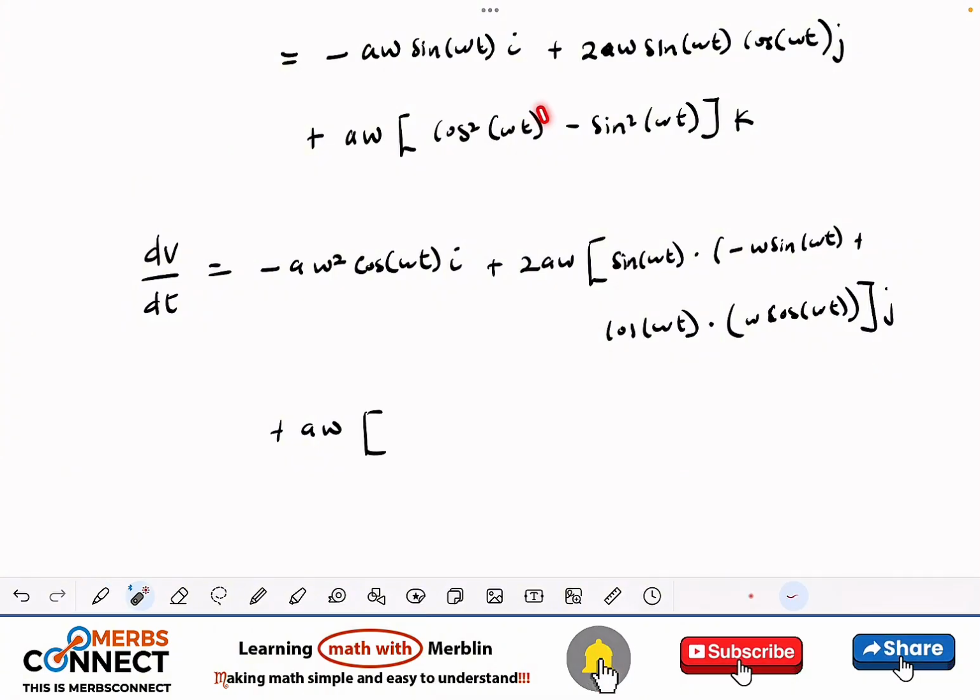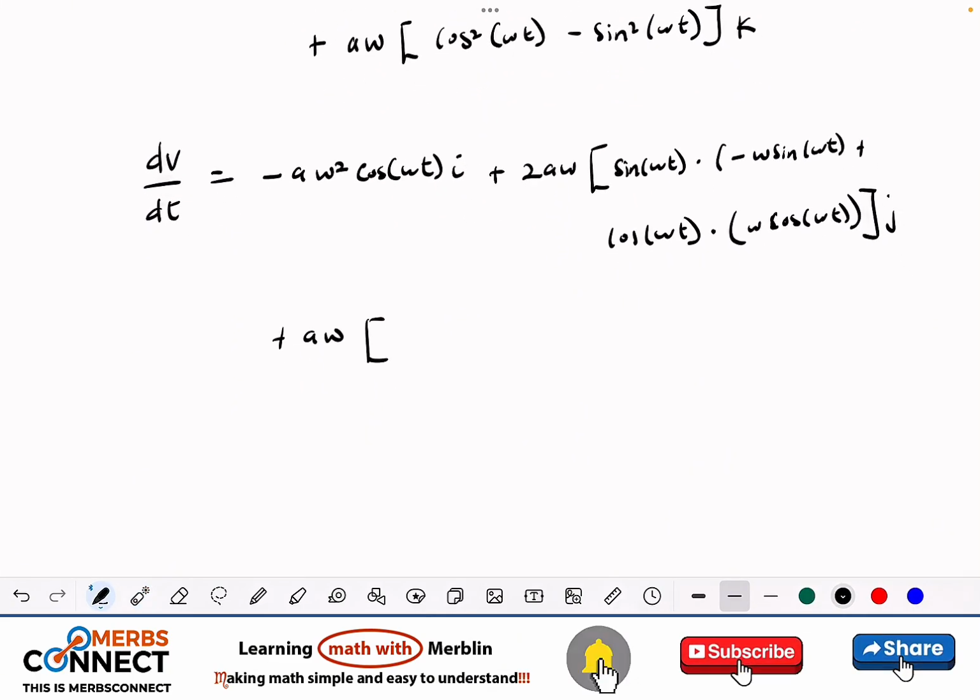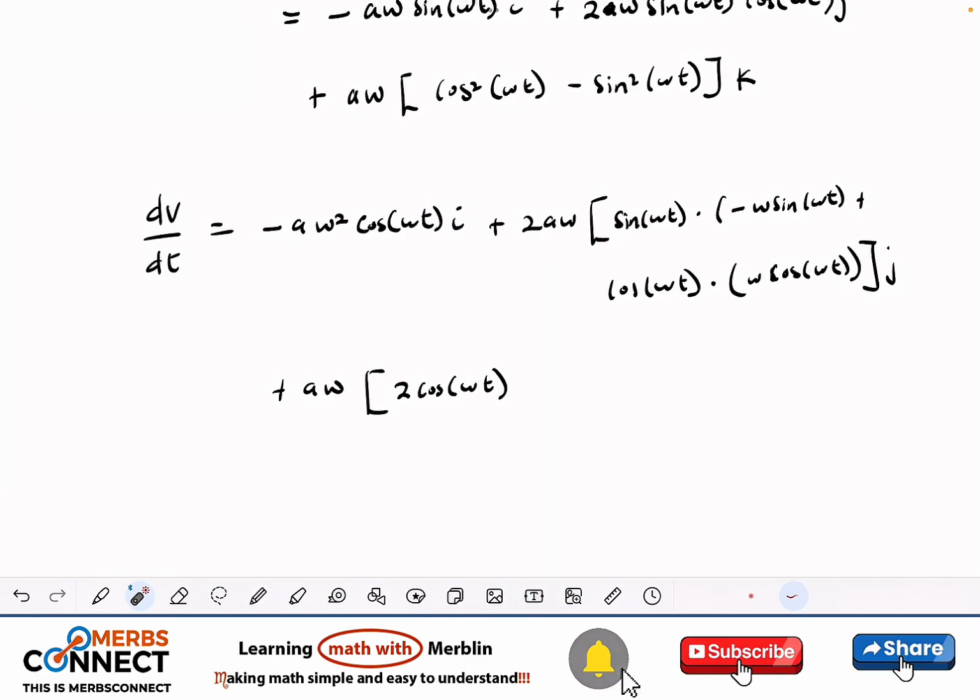Then when I differentiate this, as I said, this is squared. So what is going to happen is I need to use the power rule and then the chain rule. So this is going to give us 2 cos omega t. So I'm done with the power rule, which is the 2 here, right? Now the next thing to do is differentiate the cos function itself.